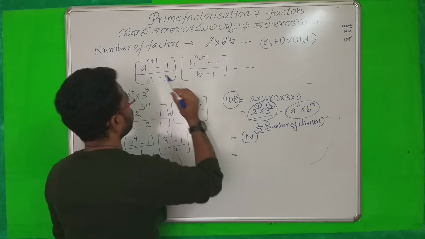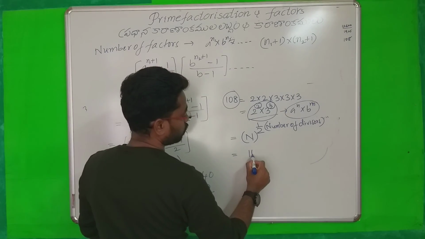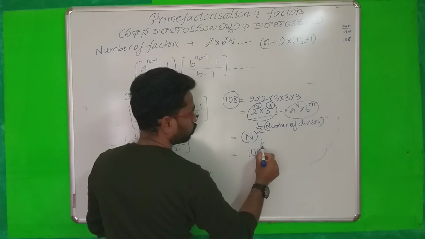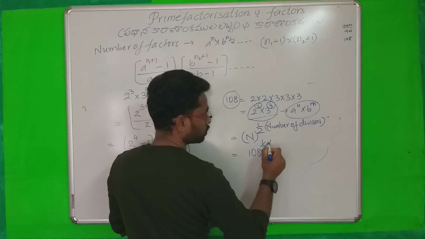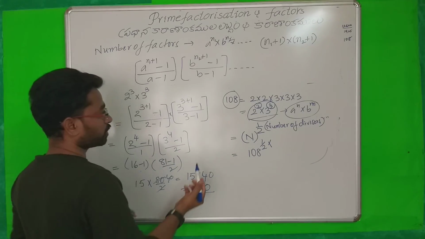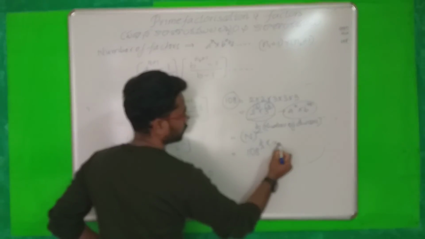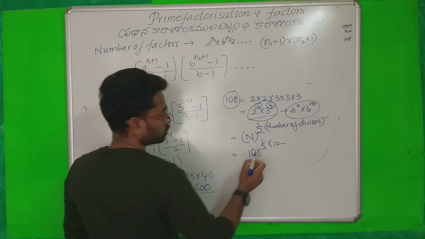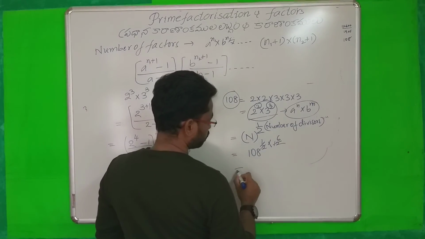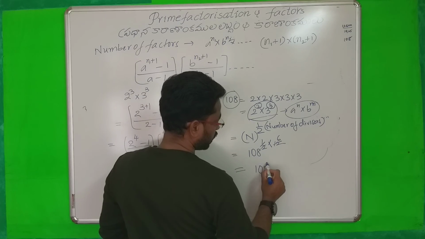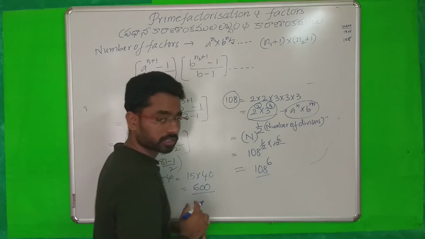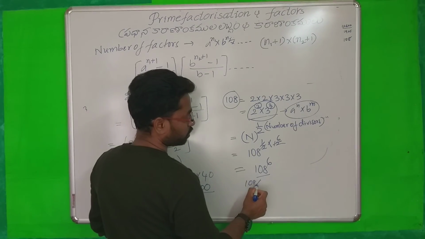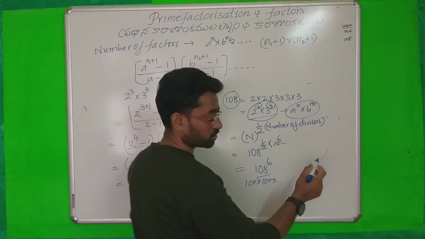So what is the number here? We have taken 108 whole to the power of 1 by 2 into the number of divisors. How many? We know that it is 12, we have just done 12. So half of 12 is 6. So you are getting 108 to the power of 6. This means 108 into 108 into 108, 6 times you have to take.